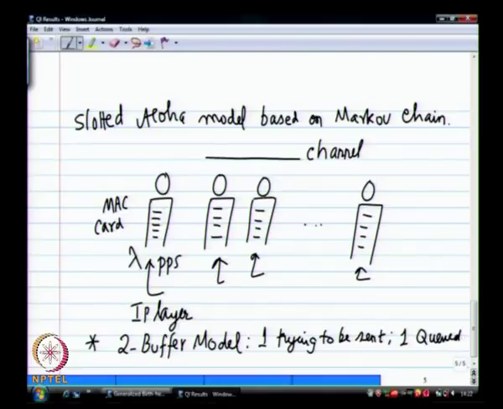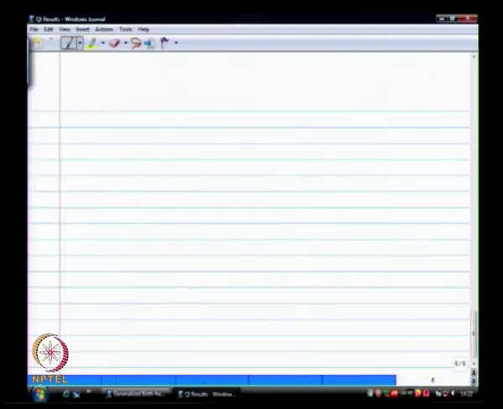So packets arrive to this queue, at most B, in this case only 2. We can generalize this to a B buffer model if you want to, the same model can be expanded, but let us look at a 2 buffer model because it is easy to deal with. So let us define a few parameters that we will need here.